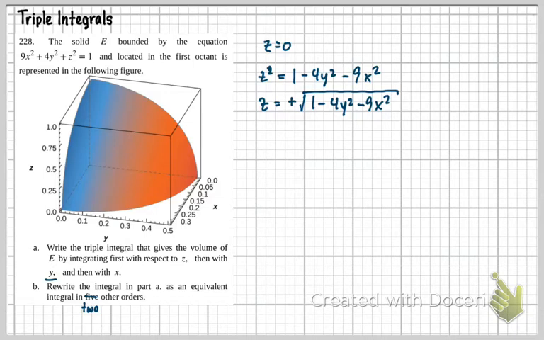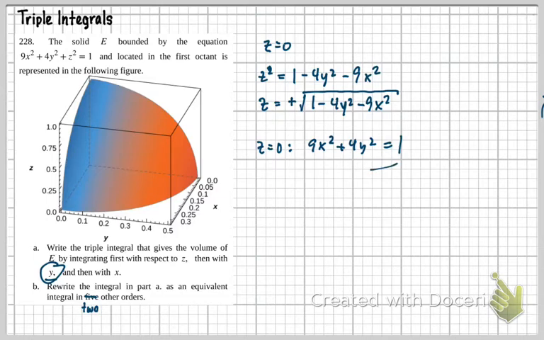When z equals 0, I get 9x squared plus 4y squared equals 1, because this becomes 0 here. Now I have to solve for either x or y, but since I am doing my integral with respect to y next, I have to solve this for y.